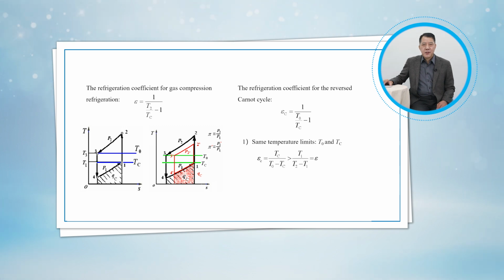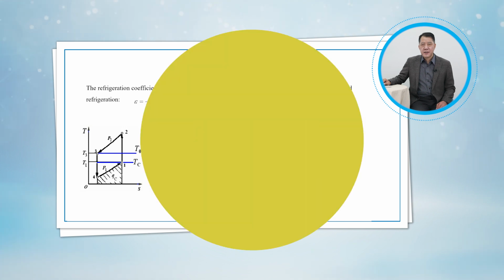For the same temperature limits T0 and Tc, we can conclude that the refrigeration coefficient for the reversed Carnot cycle is larger than that for the reversed Brayton cycle. For the reversed Brayton cycle working on the same temperature limits T0 and Tc, when the pressure ratio increases, the refrigeration coefficient decreases. However, the refrigeration capacity increases.